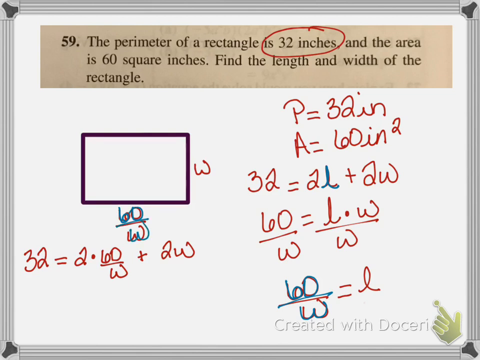And I have put it in for this L right here. That's what I've done. Okay? Now I only have one unknown. I have something in a denominator. So what could I do to get rid of that W? Multiply everything by W. You're absolutely right.